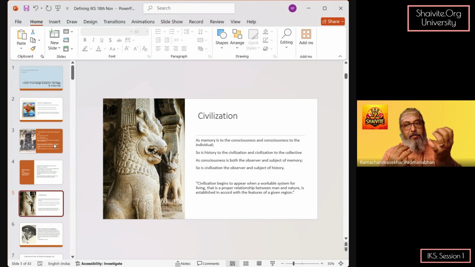So history and civilization, these are two things that are very key and very pertinent to the collective society. The civilization begins to appear when the system is working. There is a proper relationship between man and the surroundings around him.